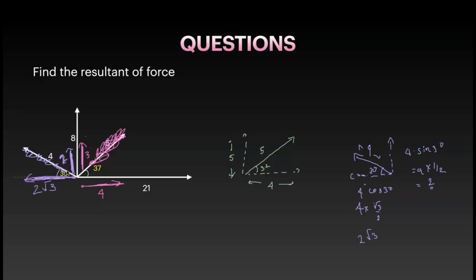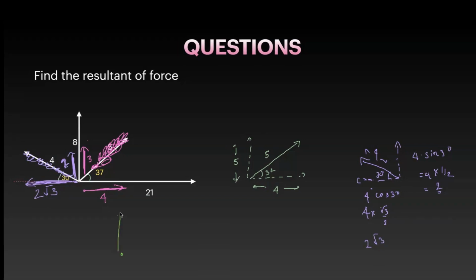Forget about this vector. Now, here what do you have? You have 8 plus 2 plus 3. Why am I adding all of them? Because all of these vectors are in upward direction. And since those vectors are in the same direction, you can perform simple algebraic addition. You remember I taught you this.